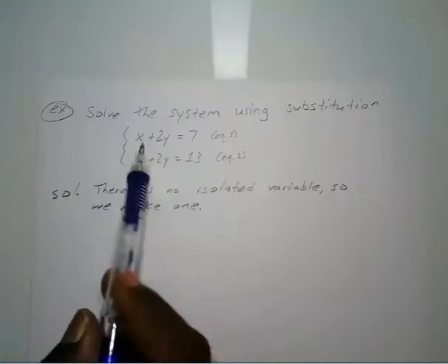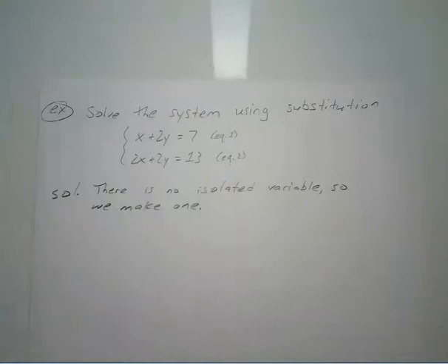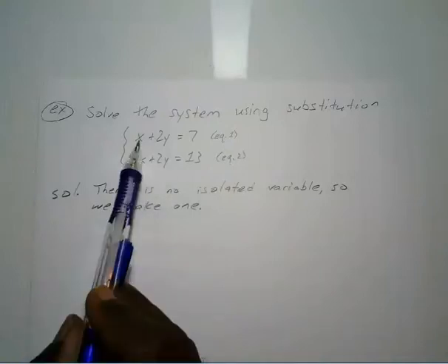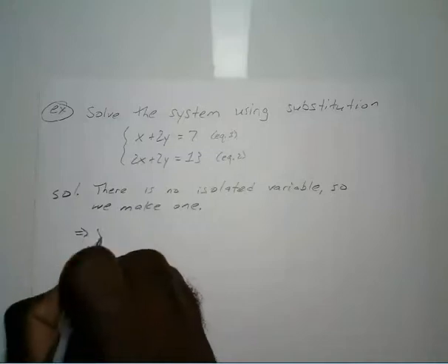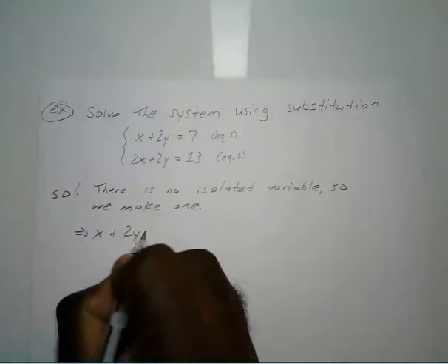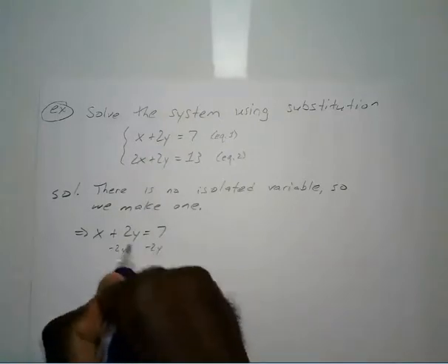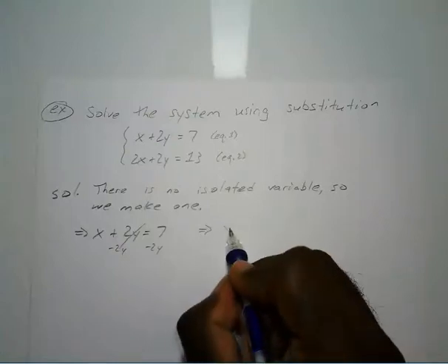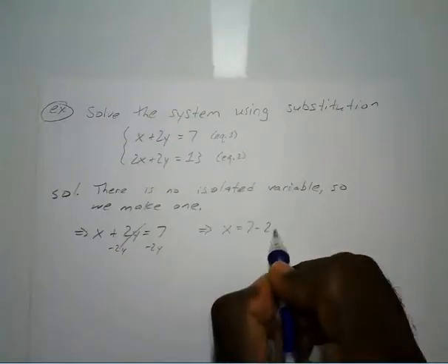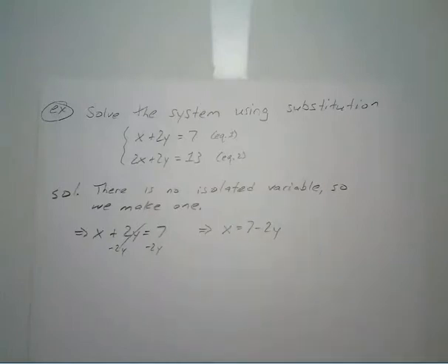Since here you have 2x and 2y, if you try to isolate those, you have a bunch of fractions. It will get messy. Here you have x plus 2y equals 7. If you subtract 2y from both sides, that would give you x equals 7 minus 2y, or negative 2y plus 7, whichever one you want to use.